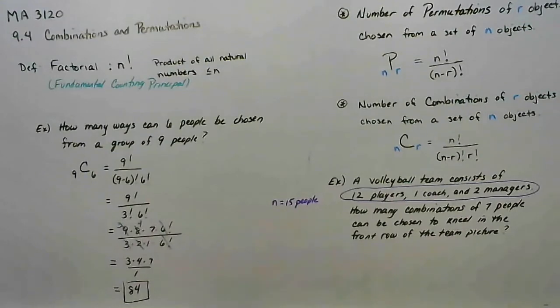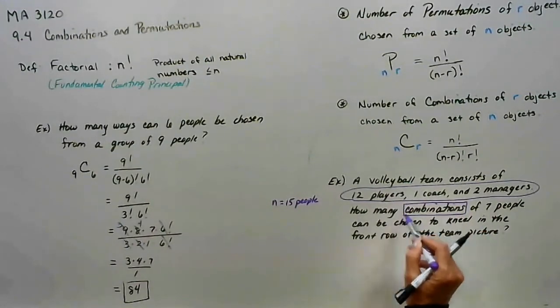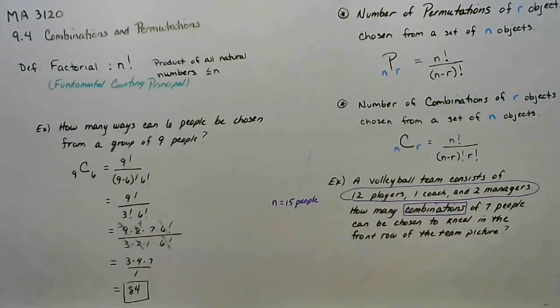Now the other thing is, when I annotate this, I see that they're asking specifically for combinations. So I automatically know I have a combination of 15 people, of which I'm going to choose 7 for the front row.